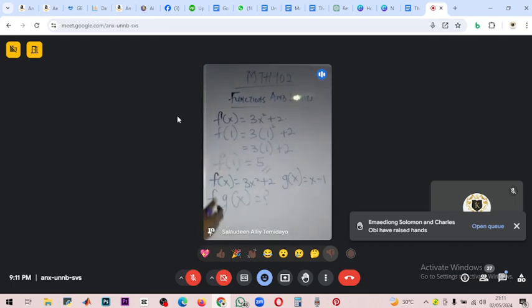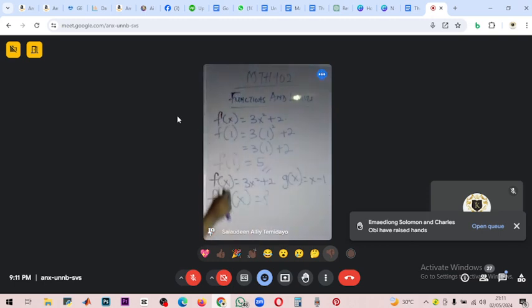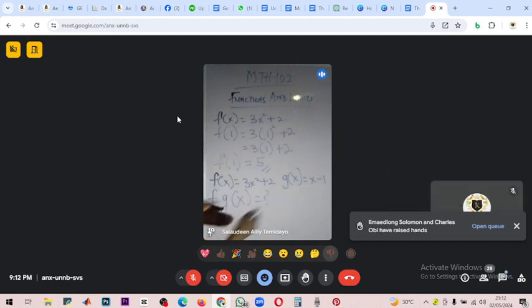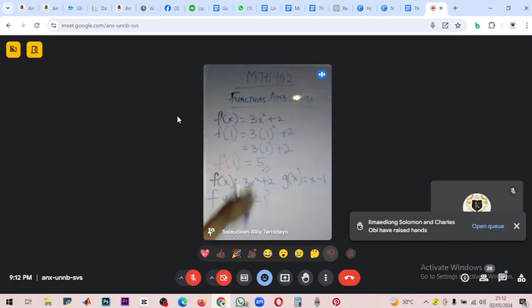Now I'm coming here again and saying f of x equals 3x squared plus 2, and g of x equals x minus 1. So instead of saying f of 1 here, I'm now saying f of g of x. When I said f of 1, I used 1 to represent x. So when I'm saying f of g of x too, I will use the value of g of x, which is x minus 1, to represent x here. Now let's solve it together, guys.